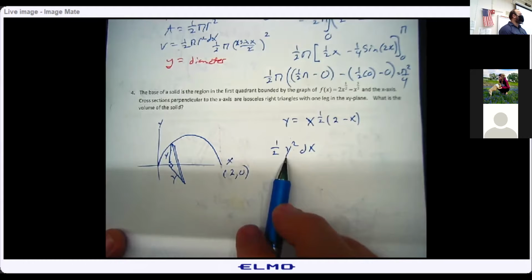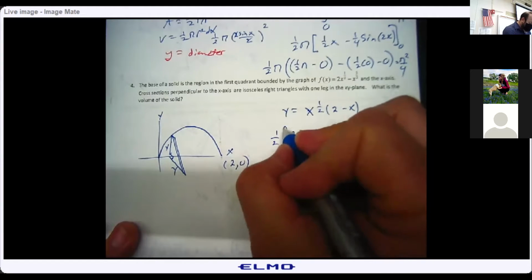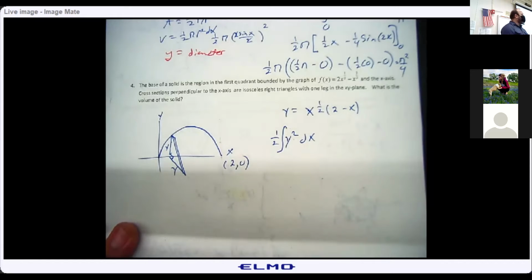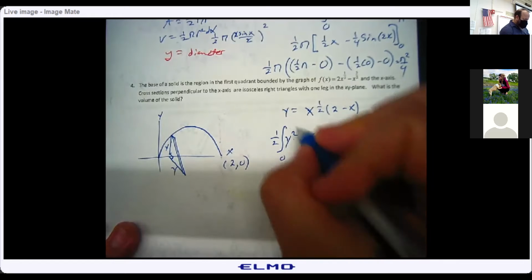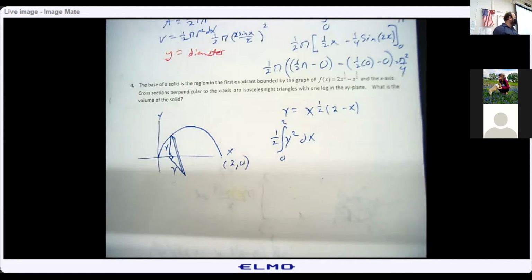Well, unfortunately, that's the one part of this problem. The setup is actually fairly simple. And what are we going to allow x to go from and to? 0 to 2, right? Could I use symmetry on this? Well, I might be able to, but I don't really think it would be wise. Those are pretty easy bounds.